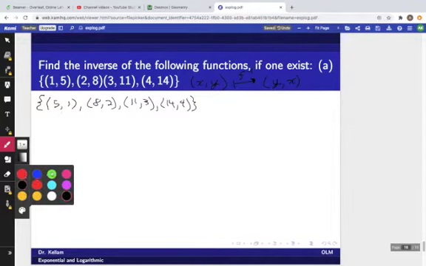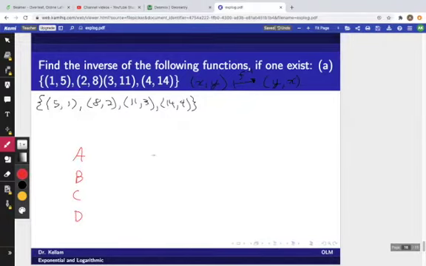Now for our second example, let's say that we have A, B, C, D, and then over here we have 1, 2, 3, 4. I'm being incredibly inventive. A will go to 2, B will go to 3, C will go to 1, and D will go to 4.